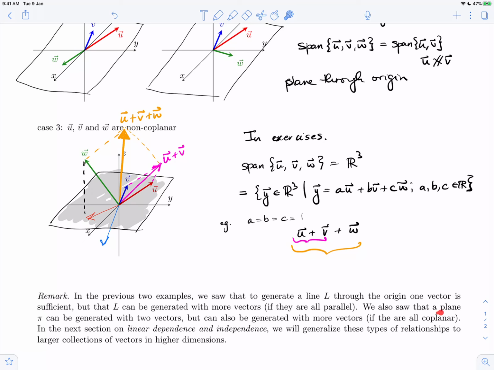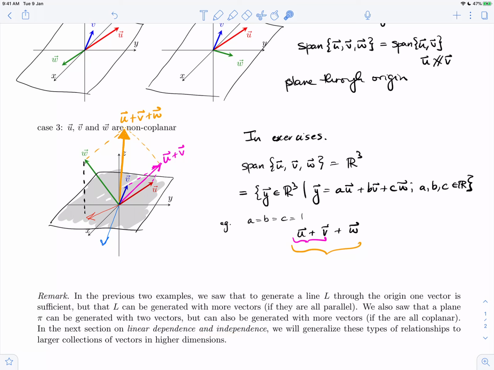We also saw that a plane, pi, can be generated with 2 vectors. But we just looked here and we said, well, it can be generated with more too if they are all coplanar. These are specific instances of relationships called linear dependence and, in the case of the non-coplanar, independence.